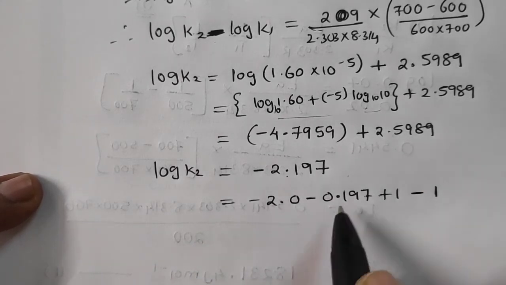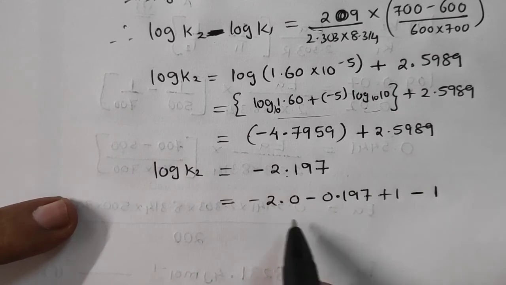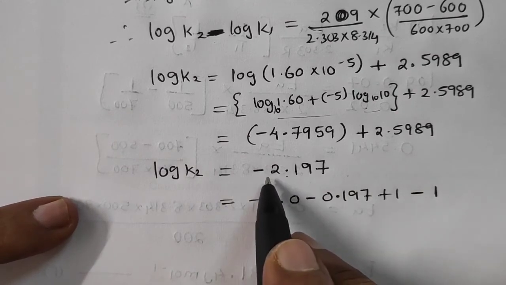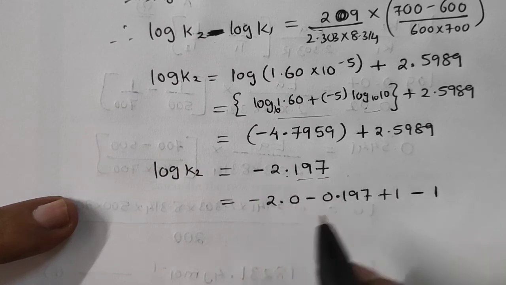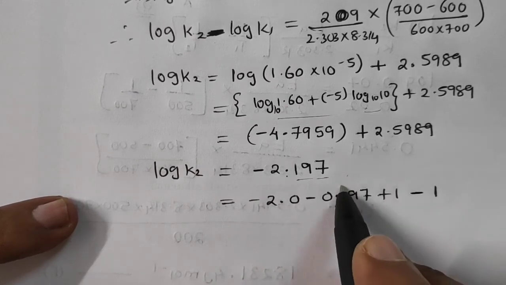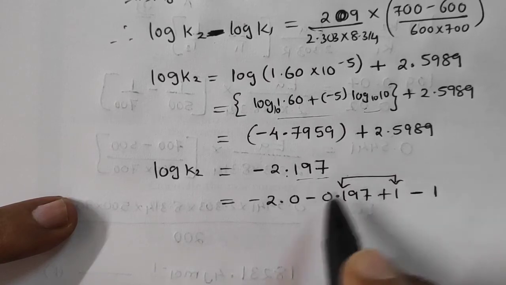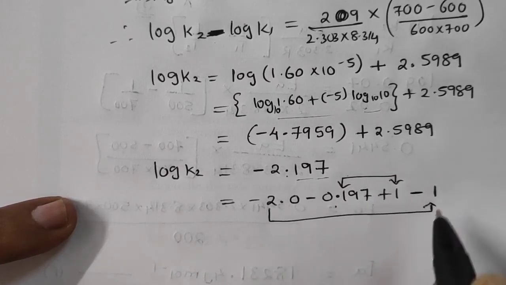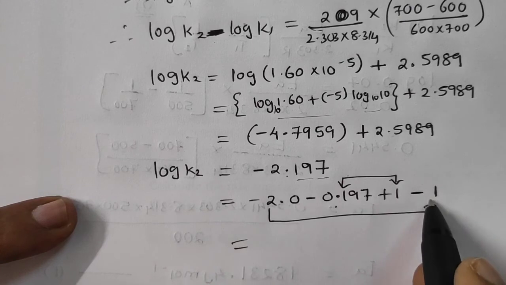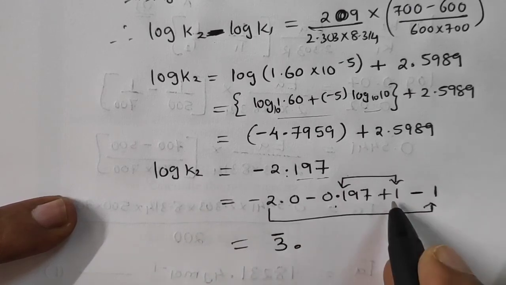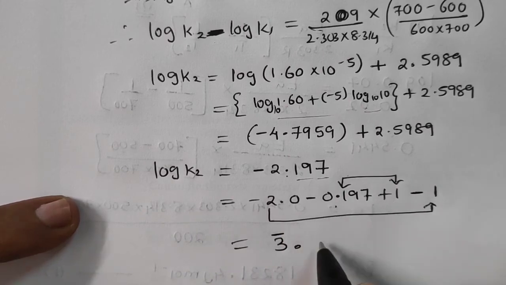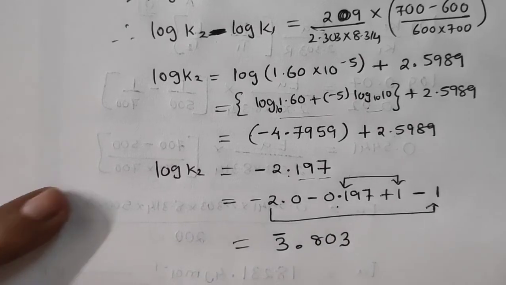Simplifying, minus 1 minus 2 minus 1 is minus 3, so I write it as 3 bar, and plus 1 minus 0.197 gives 0.803.